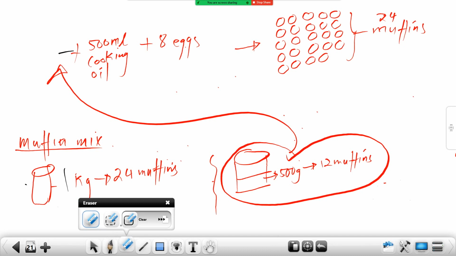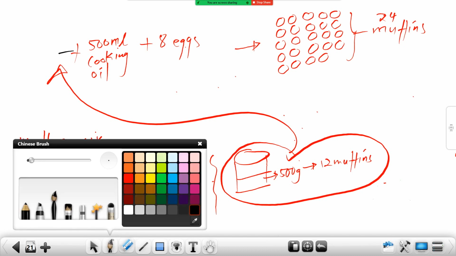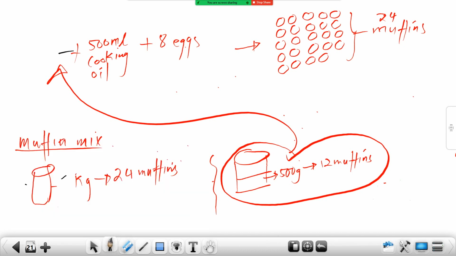But once I decide to use 2 kg, I have more than enough muffin mix. So the eggs and the cooking oil that I have are not enough. They become my limiting reactant because they are insufficient. I only have 8 eggs.